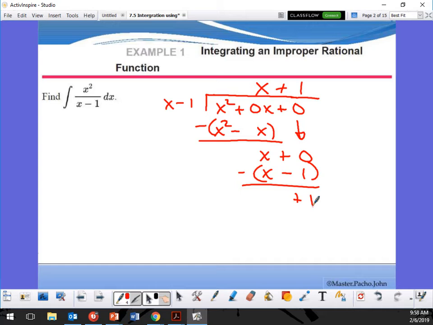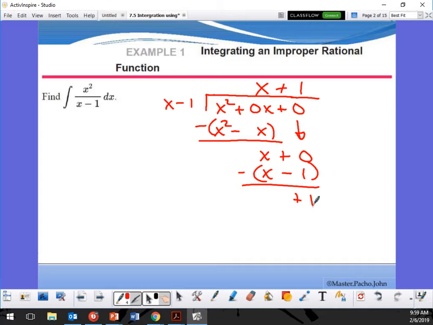So now what happens with that 1? R1. Very good, that is exactly right. You have a remainder of 1. Okay, my remainder's 1, but how am I going to rewrite my remainder though? 1 over x minus 1. Very good.